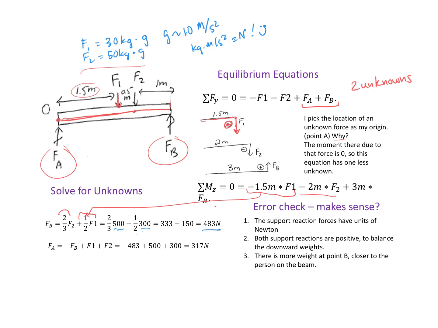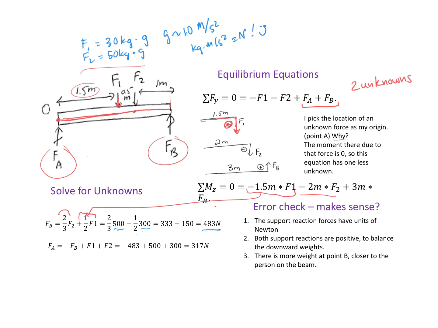So the support reactions have units of newtons. That's good. Then both of them are positive, and that pretty well makes sense because we're balancing the downward weights. And unless you have something sticking off the end and a weight there that could pull up at the other end, like something down here might pull that one up, they're not going to be negative. And that's the kind of intuition you gain after a while.